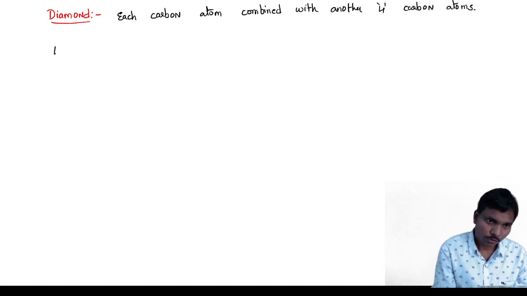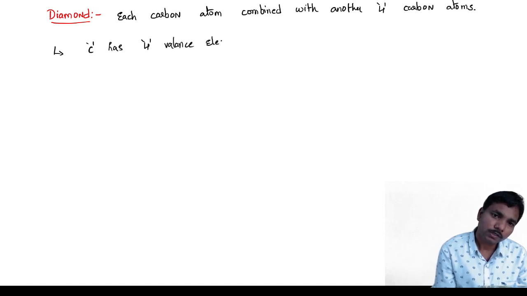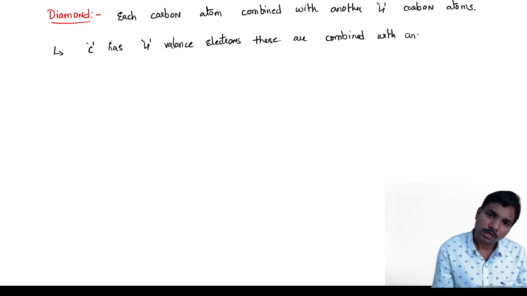Okay, we know carbon has 4 valency electrons. These are combined with another 4. So free electrons are 0.